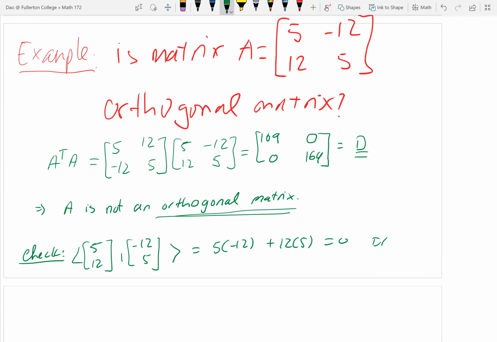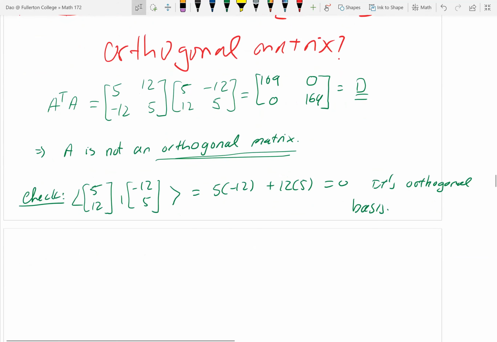So it's an orthogonal basis. In order to convert to orthonormal, we need to find the unit vectors.